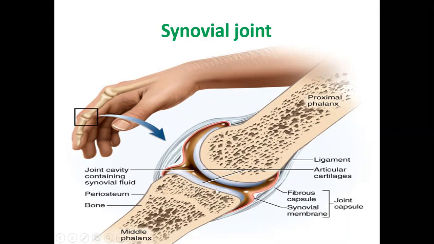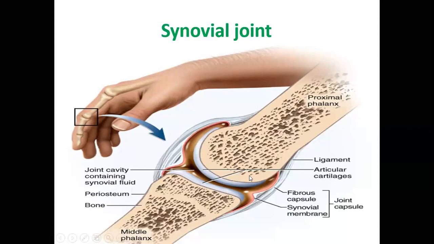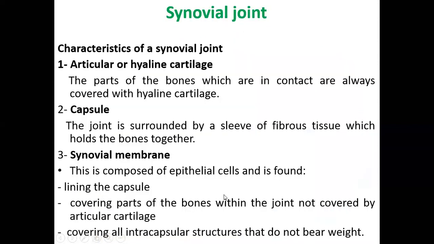Here also you can see two bones coming in contact, not directly but covered by cartilage called the articular cartilage, which is made of hyaline cartilage. That's why it is called hyaline cartilage or articular cartilage. The parts of the bones which are in contact are always covered by hyaline cartilage. In a synovial joint, the two articulating surfaces are always covered by the articular cartilage.